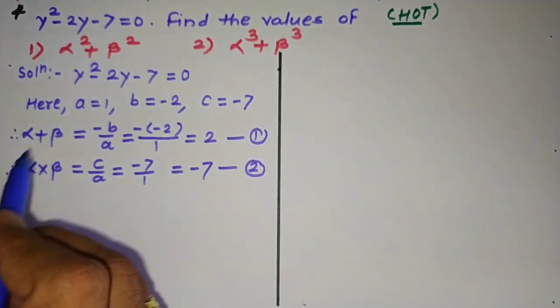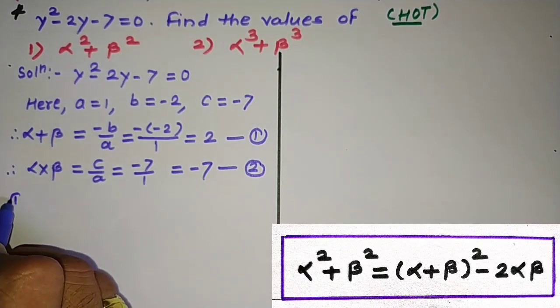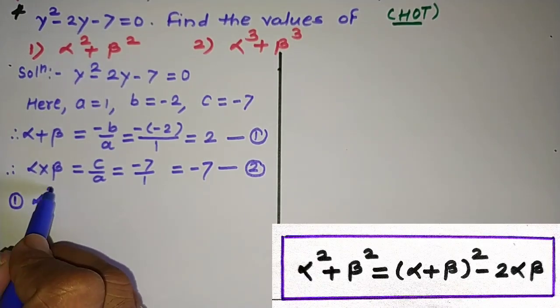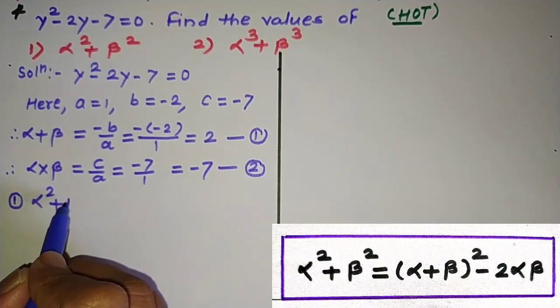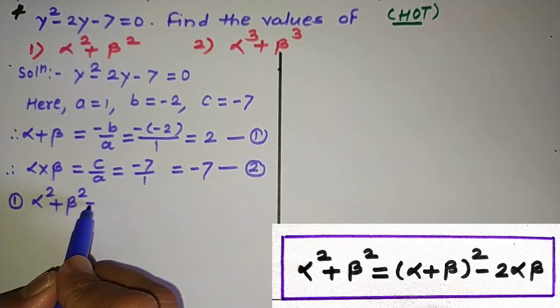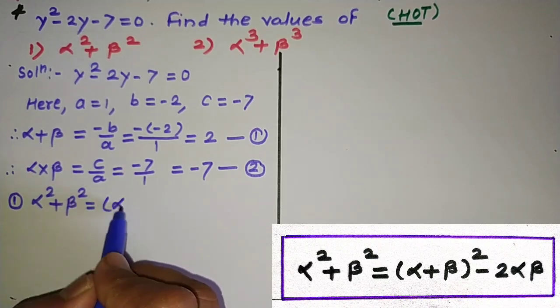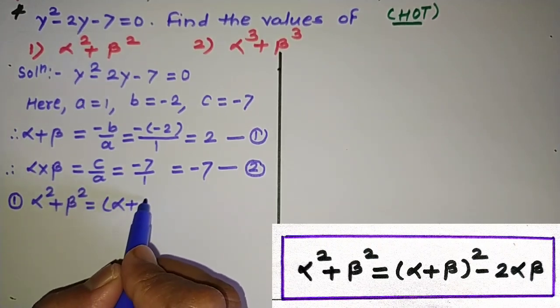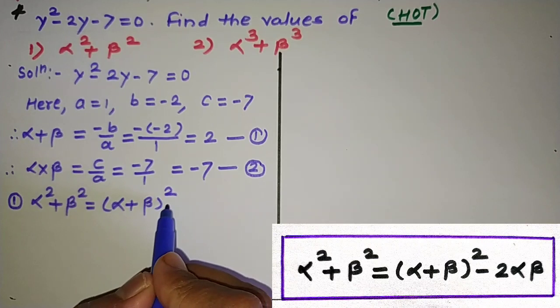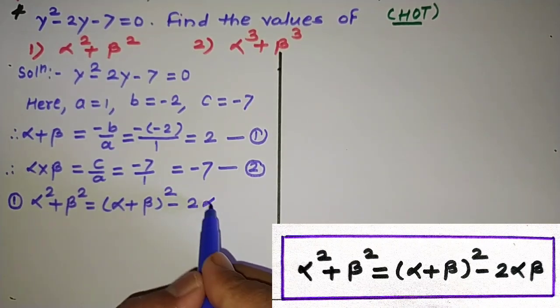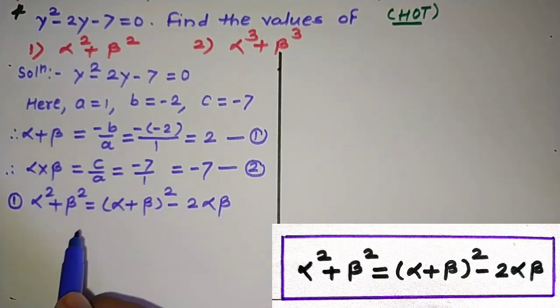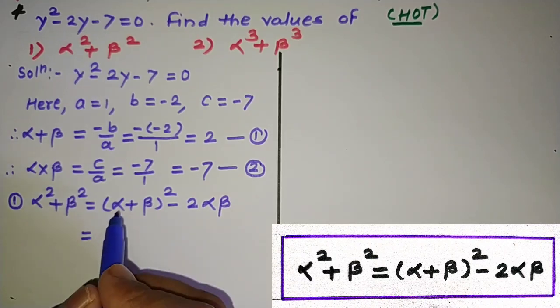Find the value of alpha square plus beta square. We know that the formula of alpha square plus beta square is equal to, in bracket, alpha plus beta bracket square minus 2 into alpha beta. Put the value in this formula.